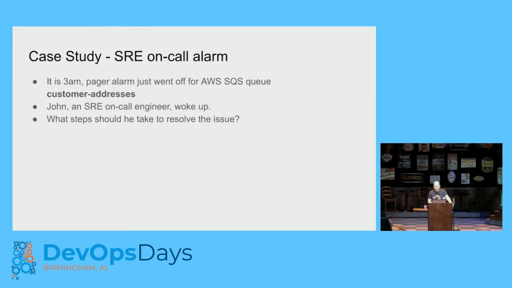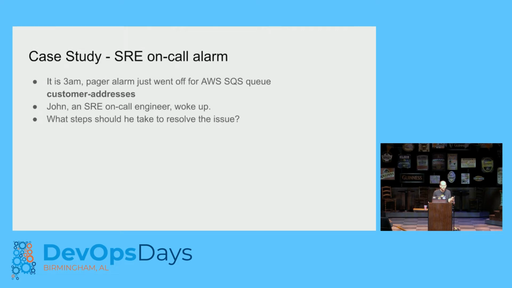Let's look at another case study, SRE on-call alarm. It's 3 a.m., a page alarm just went off. It's an AWS SQS queue, customer addresses. John, an SRE on call, woke up. He's unhappy, obviously, it's 3 a.m. What do you think he's supposed to do?